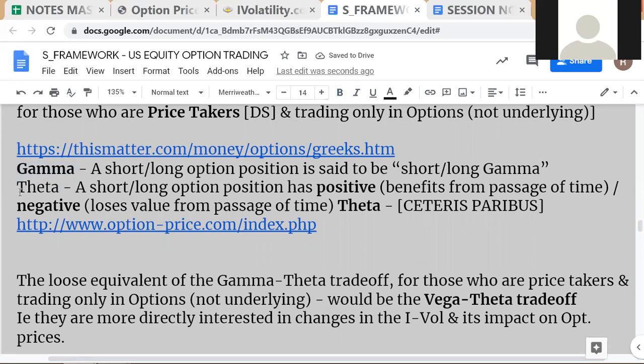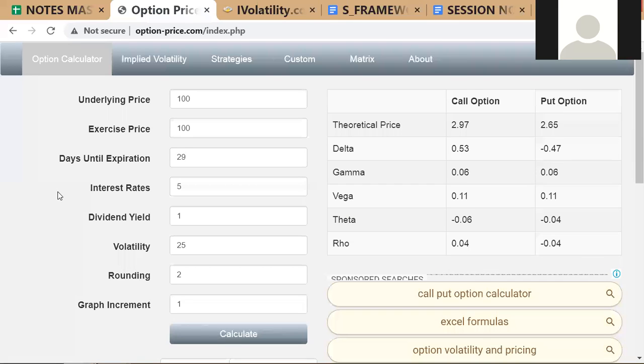These Greeks are for long positions in the options. So the holder of the long option position, call or put, has negative theta. But what is the sign of the gamma? The gamma sign is positive for both, which means that long option positions, while they have negative theta, have positive gamma. This is basically where the trade-off comes from.